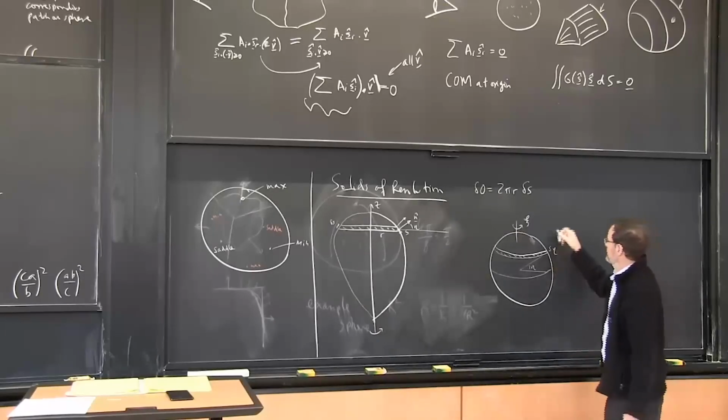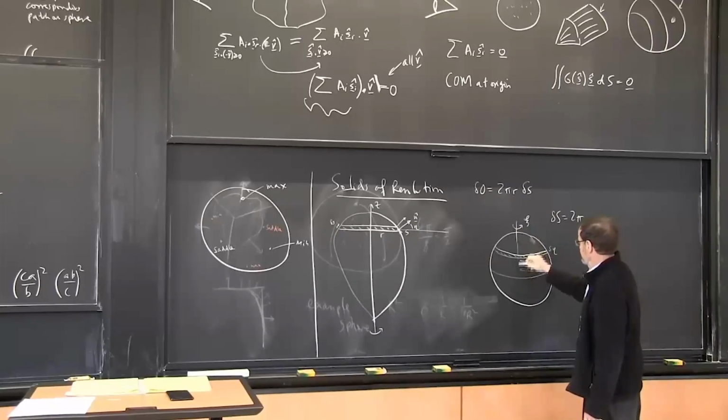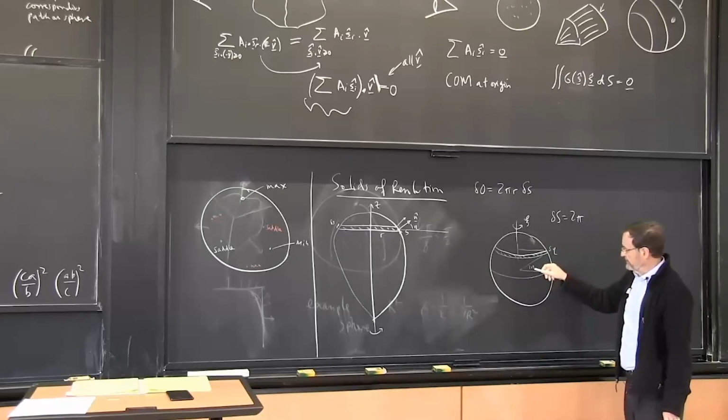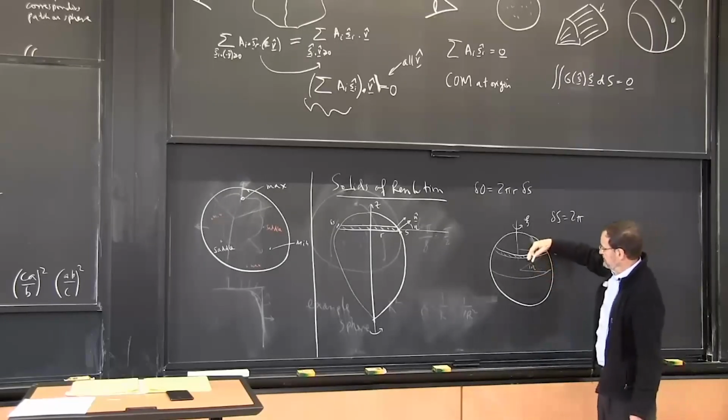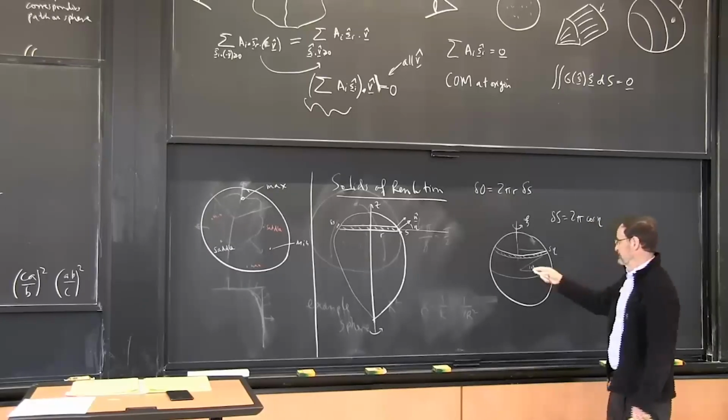Correspondingly over here we've got 2 pi, and what's r here? Well, it's dependent on the latitude. The higher I go, the smaller r is, and in fact it's the cosine of eta.